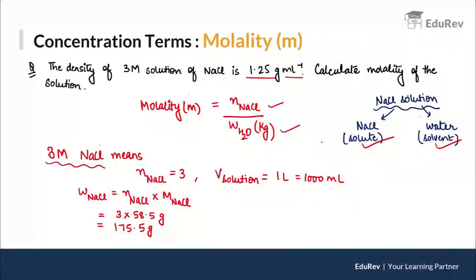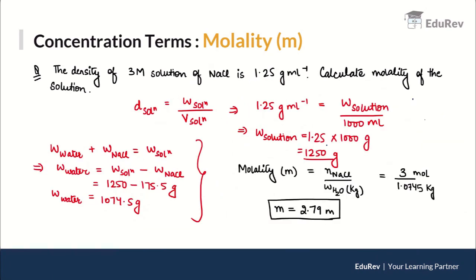That means number of moles of NaCl is 3, whereas volume of solution is 1 liter, which is 1000 ml. So if I calculate the weight of NaCl, it is number of moles of NaCl times molar mass of NaCl. It comes out to be 175.5 gram, right?